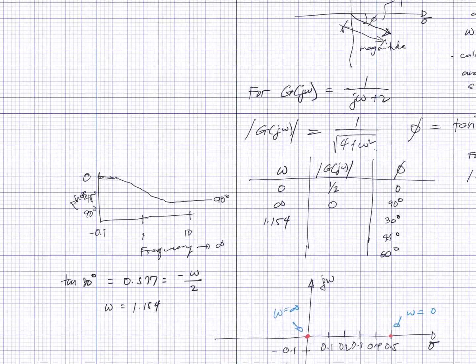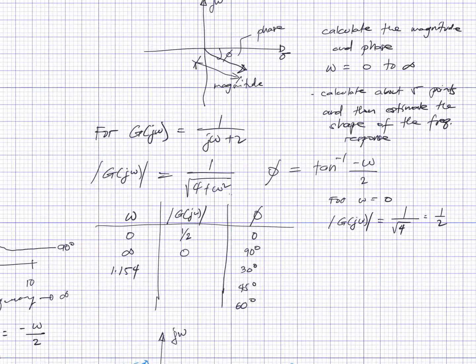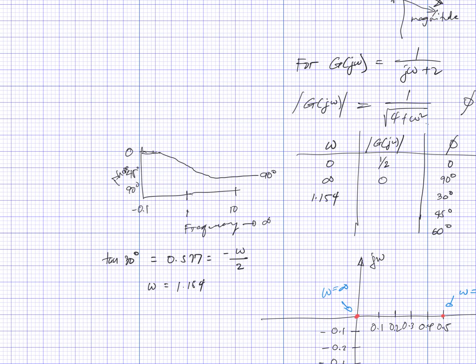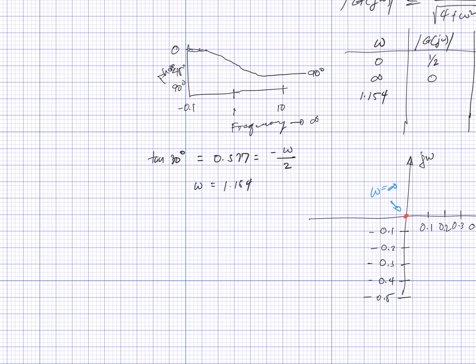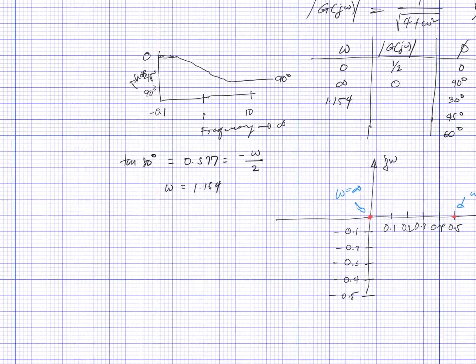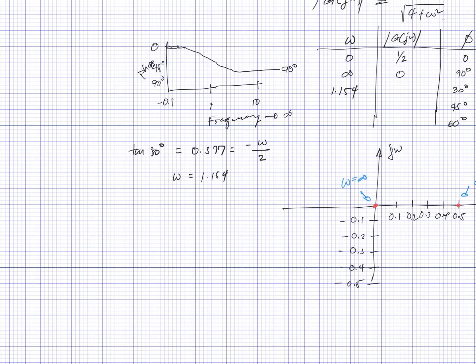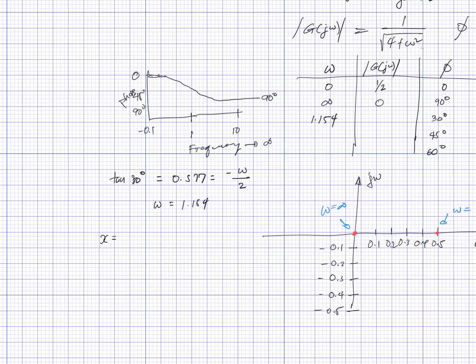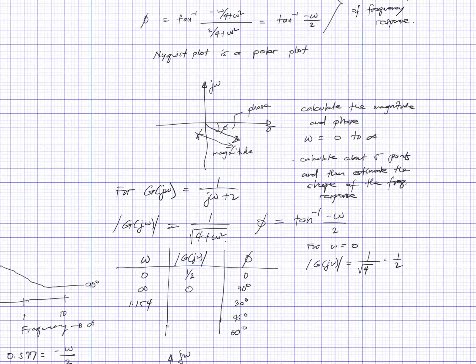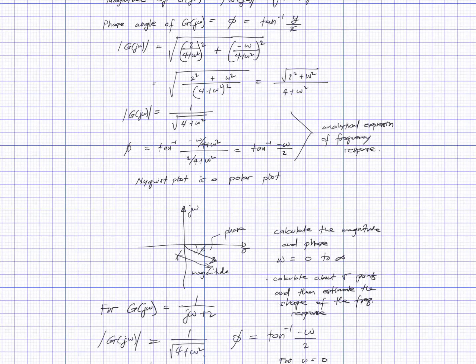Or we'll use the x value. Okay, so remember that we have x is equal to, where is the value of x? There you go. It's 2 over 4 plus omega squared.